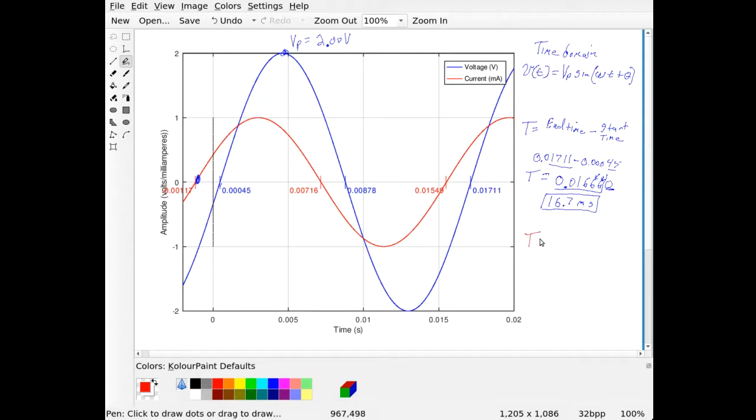So we have that T is equal to the ending time, 0.1549, minus the starting time, because we're finding the difference. But notice this one is negative because it's crossing before time t equal to 0.